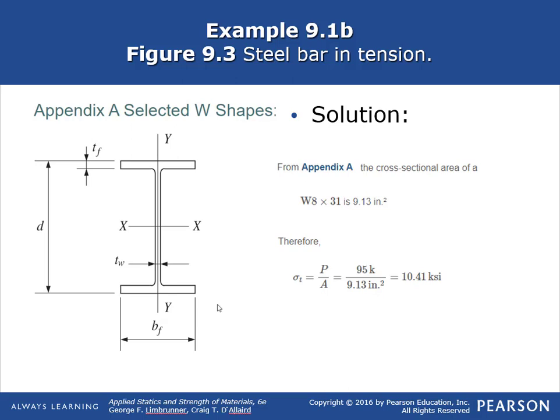So all you need to do is go to Appendix A and find the W8 by 31 table, find that beam in the table, and then you'll find that the area is 9.13 square inches, and then we'll solve for the tensile stress, same as the last problem.